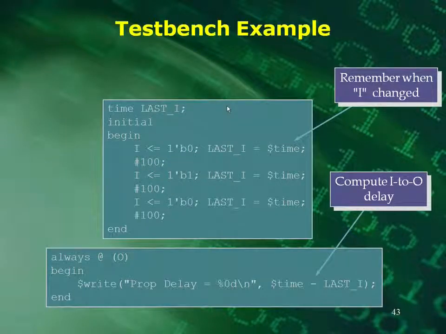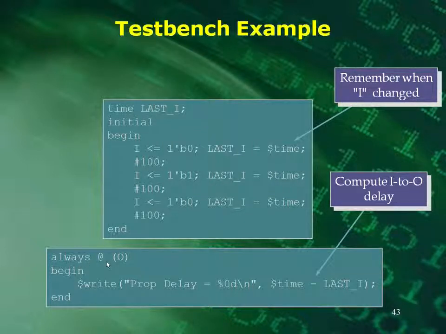So here, let's modify our initial block a little bit. We're going to declare a time register called last I. Then after I've set I to 0, I want to record that time. Every time I change I, I'm recording that temporarily in this time register.